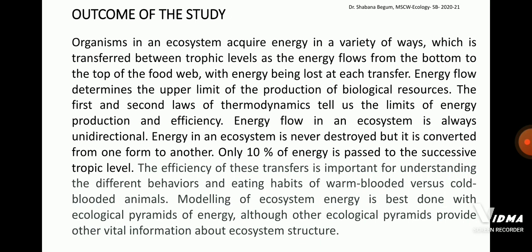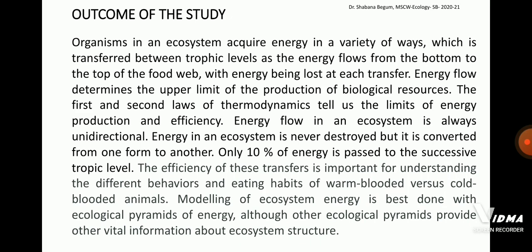Energy flow in an ecosystem is always unidirectional, and energy in an ecosystem is never destroyed, but it is converted from one form to another. Only 10% of energy is passed to the successive trophic level.